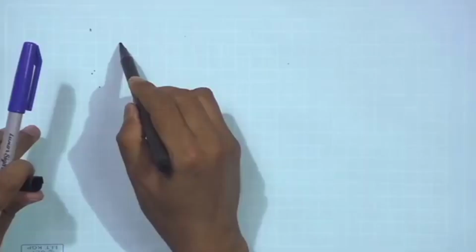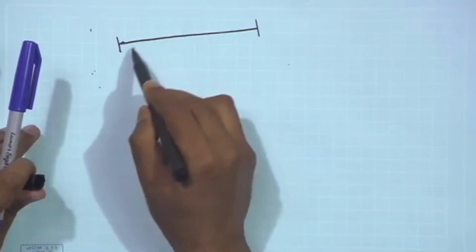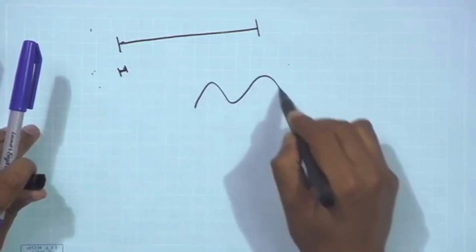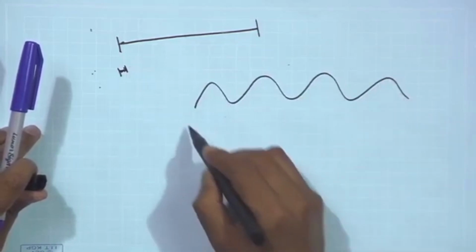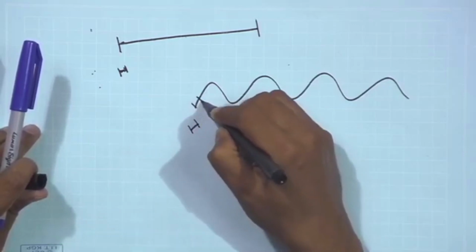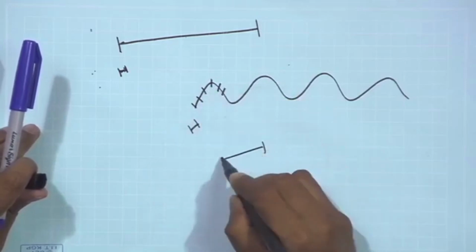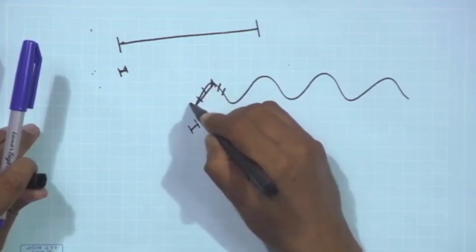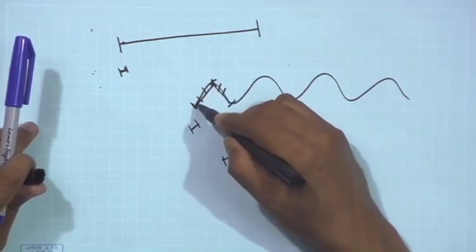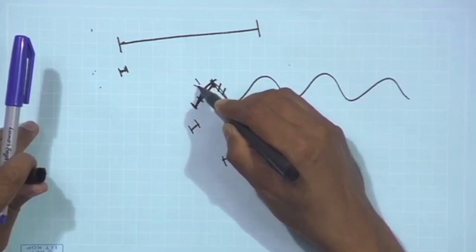Suppose I have a straight line and I want to measure it with a small scale, so I put the scale along this line. Now, if my scale is larger, then I put the scale here and again here. If I approximate it in long sections, then I may lose some accuracy or introduce some error.